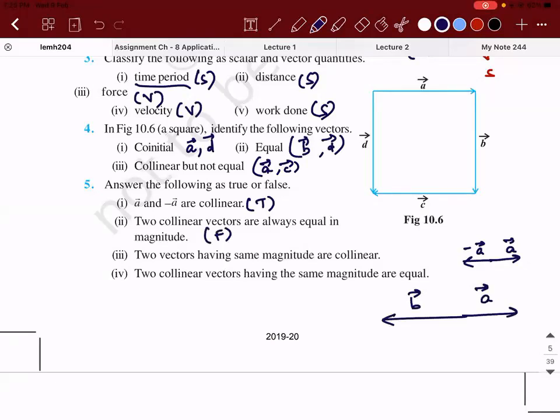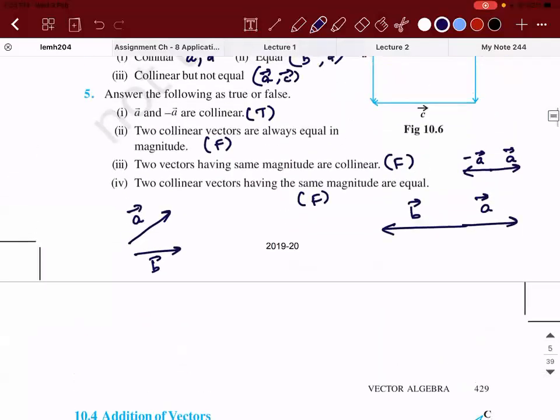Two vectors have same magnitude, so they are collinear. False, because one vector can be like this, one vector can be like this. This A vector, this B vector, they can still have same magnitude but need not be collinear. Two collinear vectors having the same magnitude are equal. False. Why? Direction. Yes, it's false, because the direction might be different.